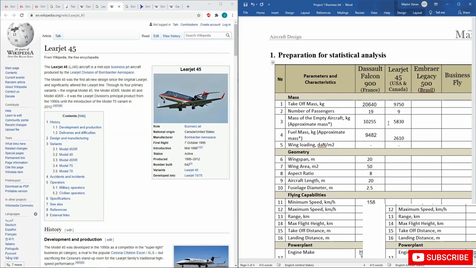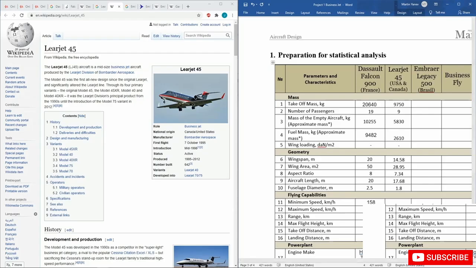Then the wingspan was 14.58, the wing area was 28.95, the aspect ratio was 7.34, the length of the aircraft was 17.68, and then the diameter of the body was 1.8. Now, the minimum speed I couldn't find, but the maximum was 804. Let me write it here.